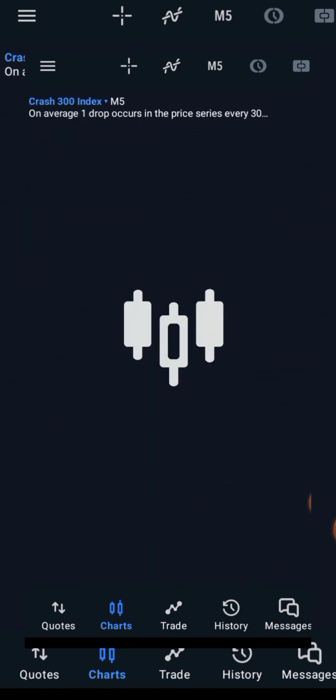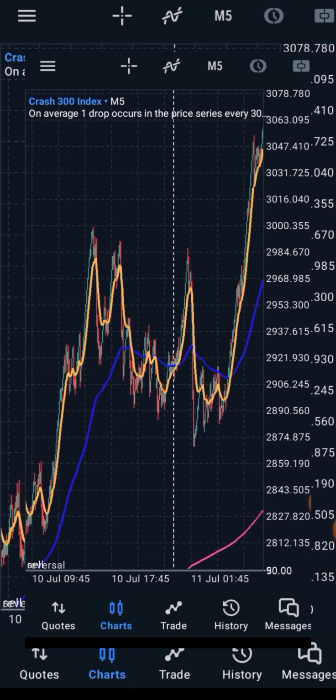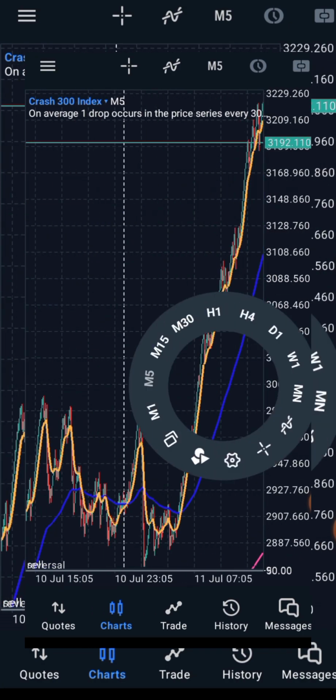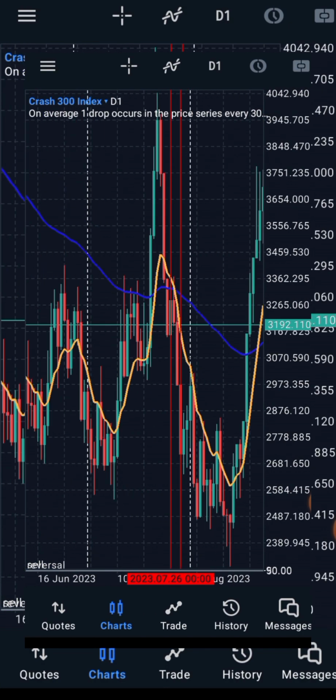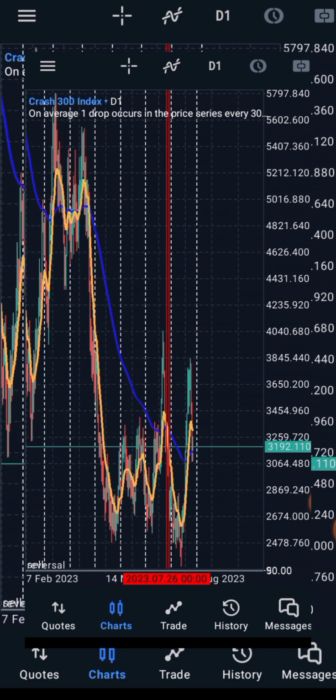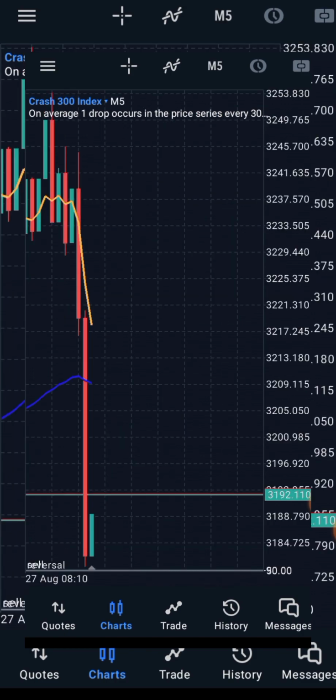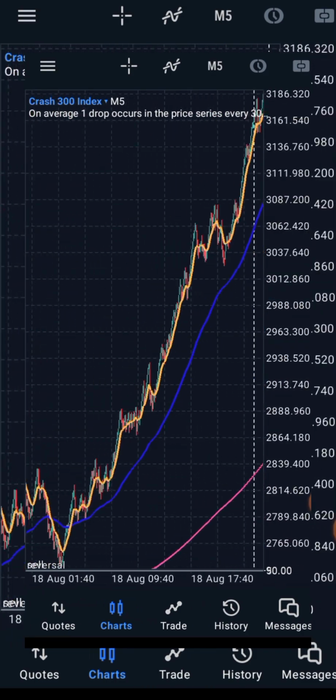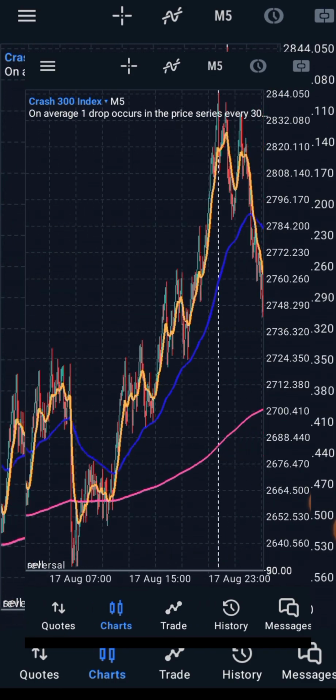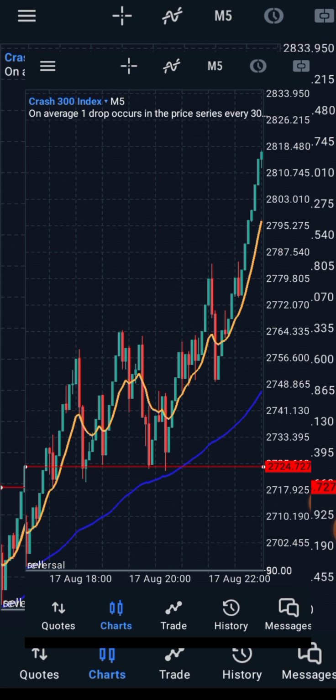Let's see Crash. Go to the higher time frame. Oh, it's still ranging. The market is ranging. But you can still find something, you know. The same thing will happen all the time. Boom.